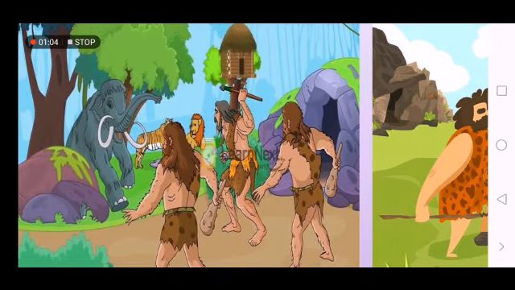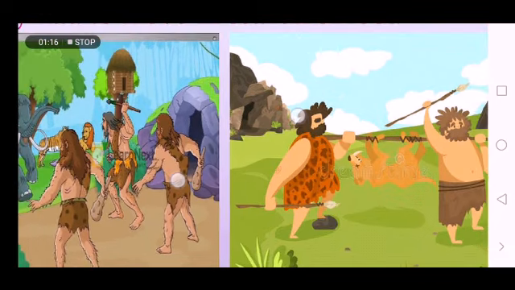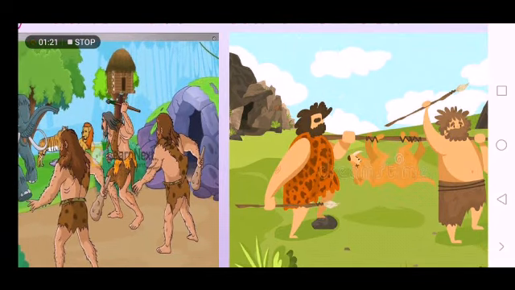They started moving from one place to another looking for food and water to drink. As they were moving, they did not stay in one place and they didn't have homes or houses to live in.